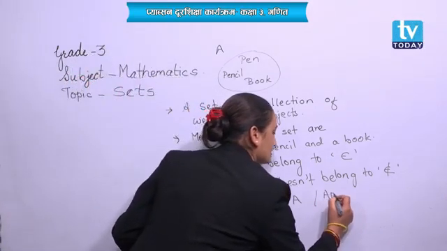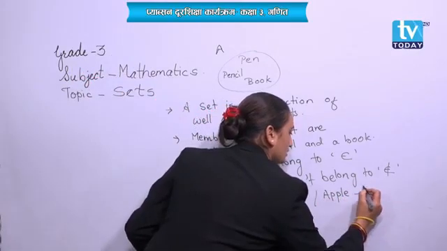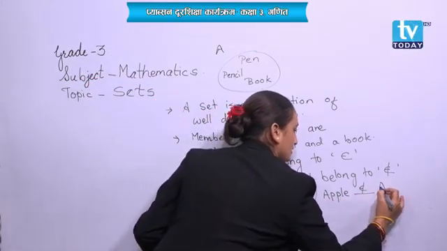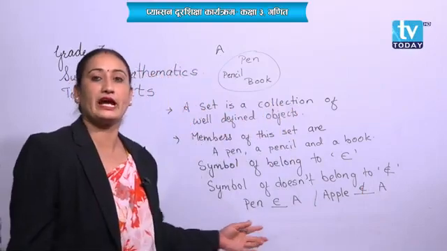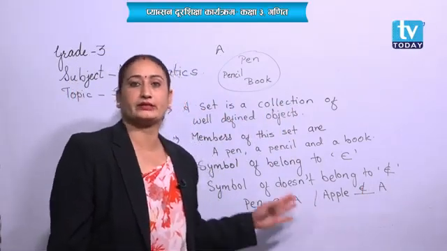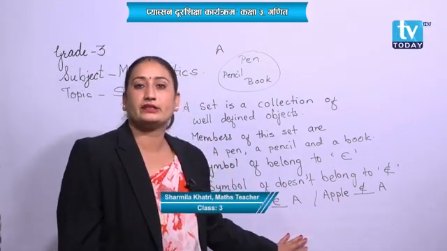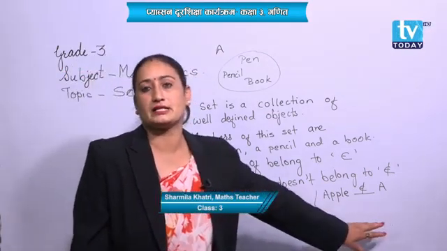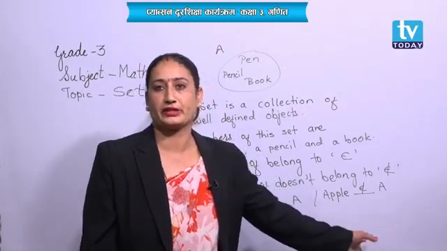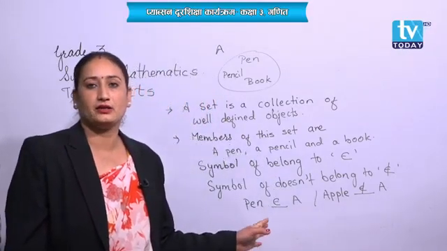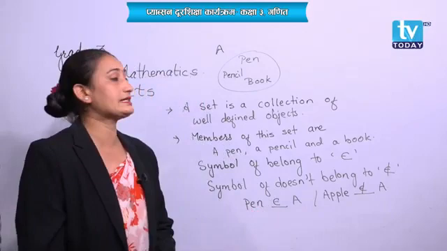Apple doesn't belong to set A. Can we write it this way? They are the members of the set, so we can easily write whether they belong to that group or don't belong to that group. Can we write it, dear students? Okay, I hope you can write it easily now.